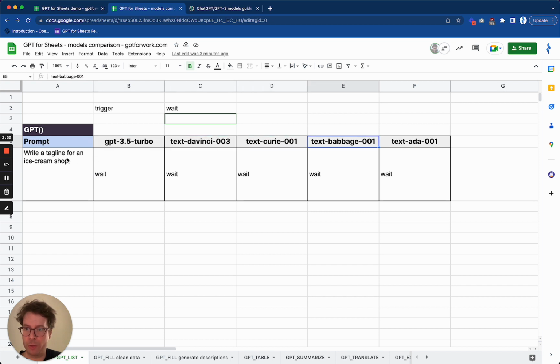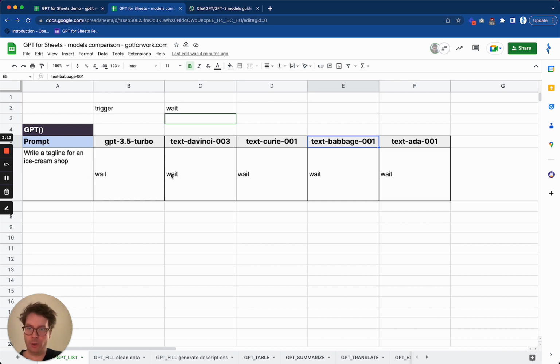So it's the same prompt, but with each model. This will allow you to compare the results for their quality and also sometimes for their speed, even though the speed depends a lot on the API server status of OpenAI, especially for small prompts and small completions.